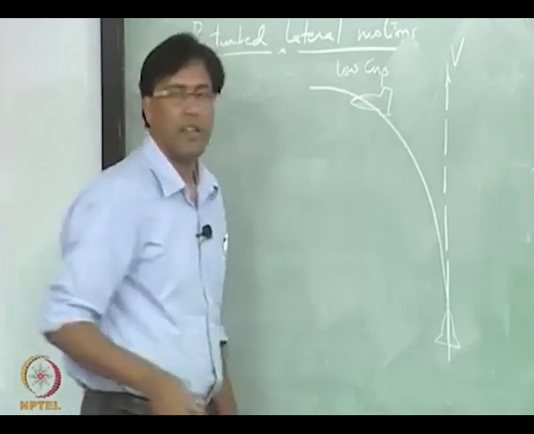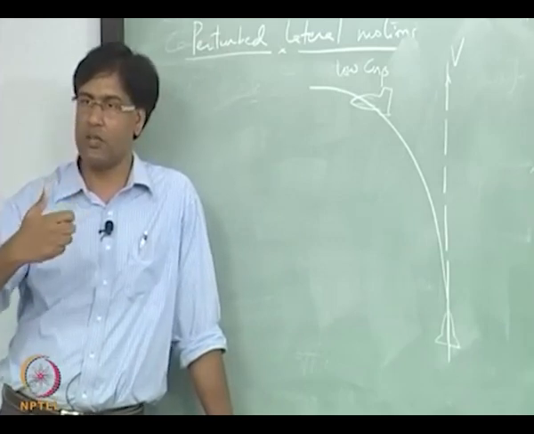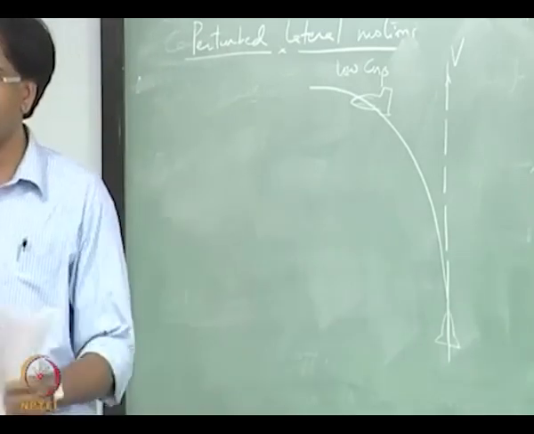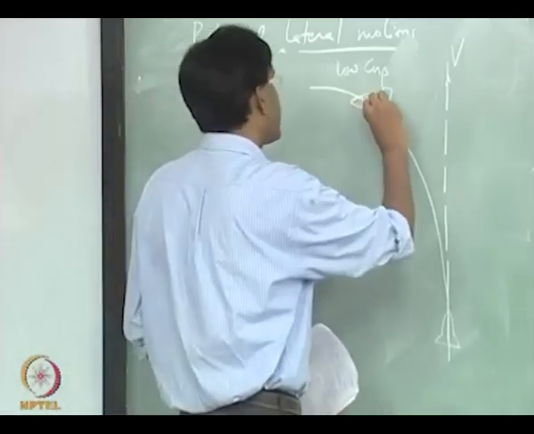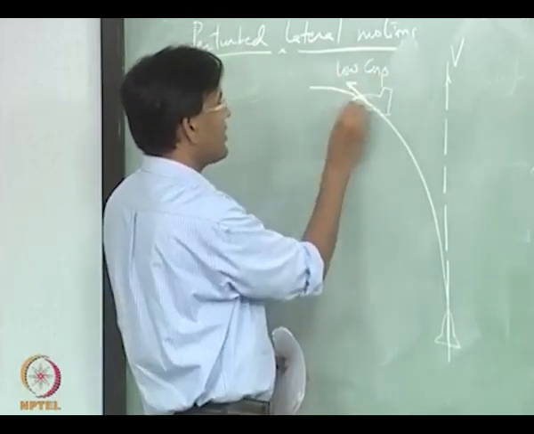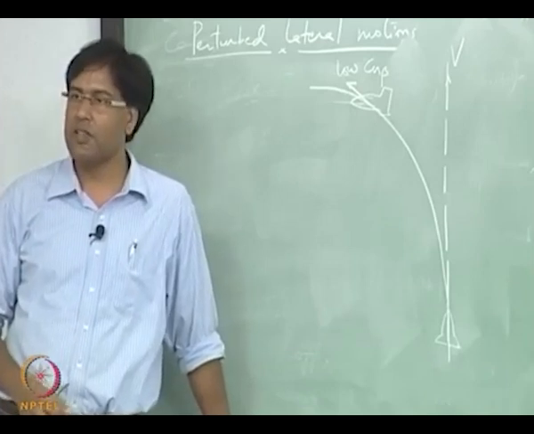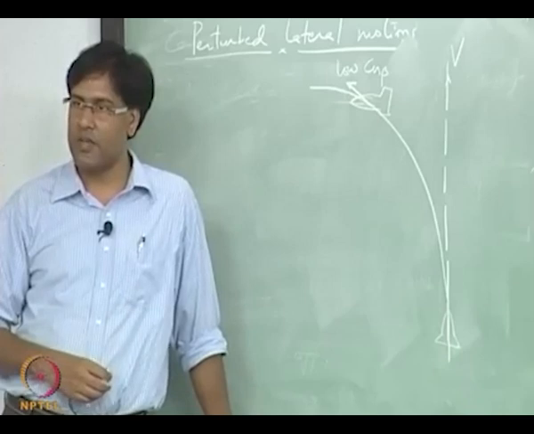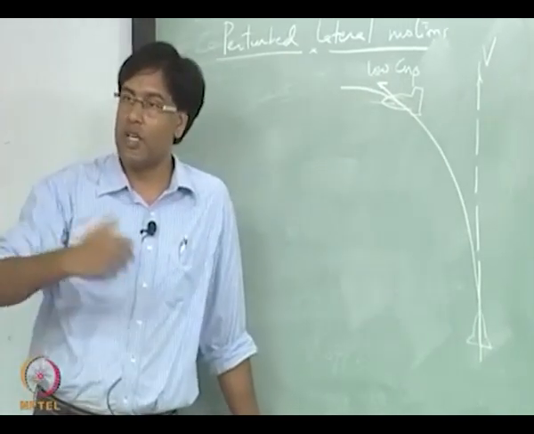So the beta has grown. Ideally, if it had enough Cn beta, it should have killed the beta, but the velocity vector is in this direction now and the aircraft is looking somewhere else. So there is a beta introduced, a non-zero side slip which can become large if you keep on going and do not correct it in time.